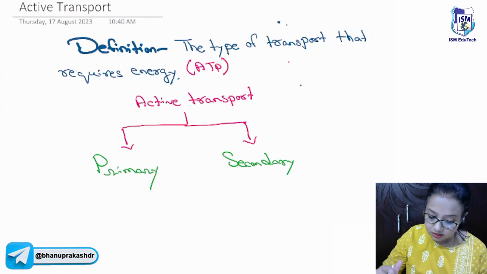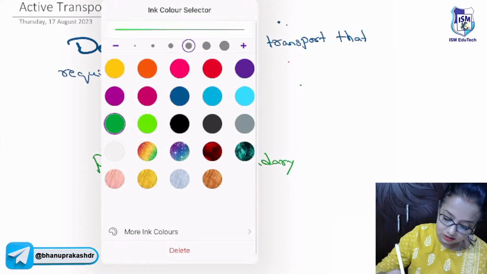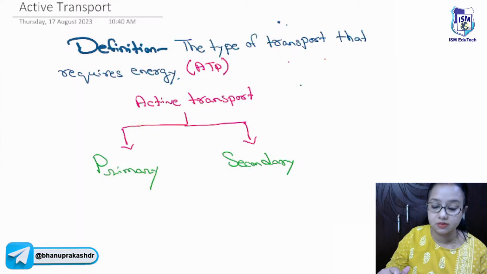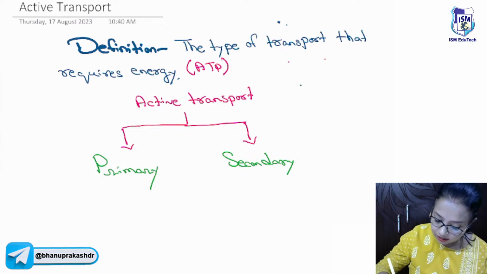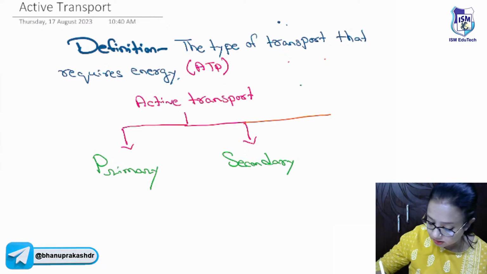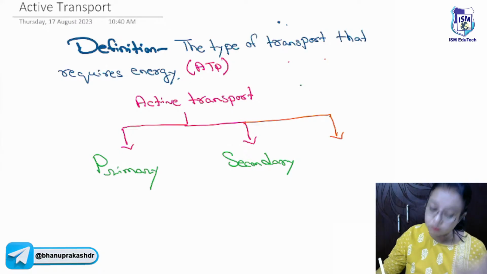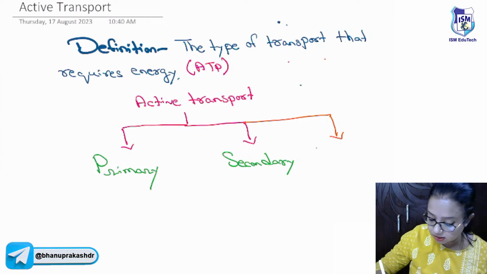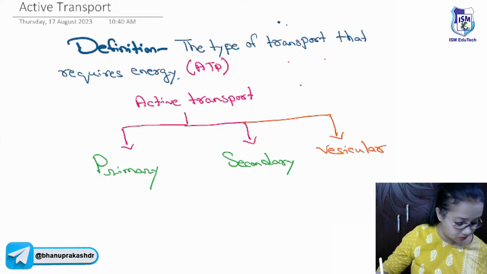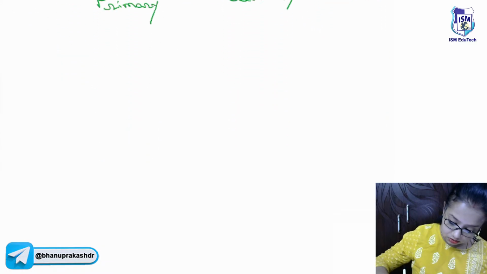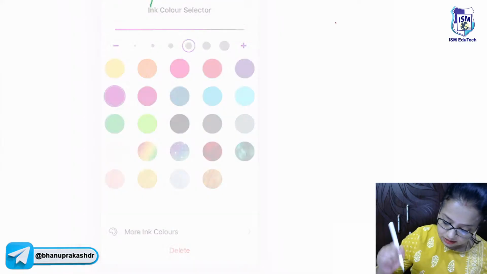But then one recent addition was the transportation in which a vesicle is needed. So another type of active transport has been added, which is also considered a type of active transport, the vesicular transport. Okay, so this transportation we will study one by one in detail.